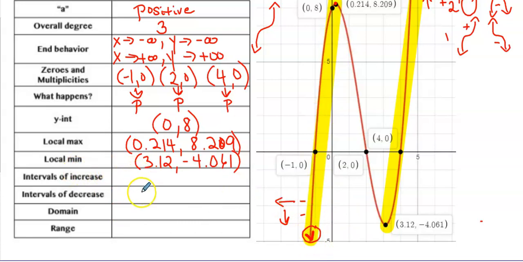This one right here, going from left to right, goes from negative infinity and stops up here at 0.214. We're looking at x values. On this one, I'm going to use parentheses.